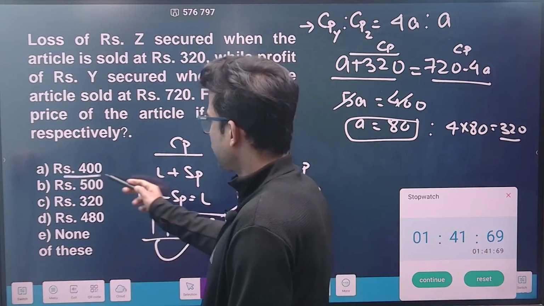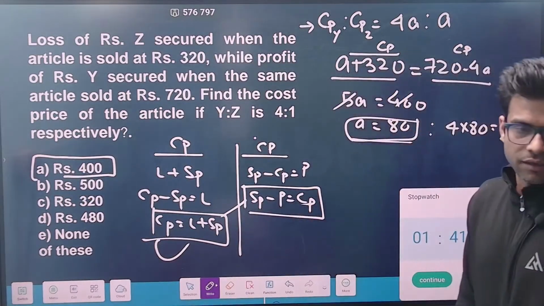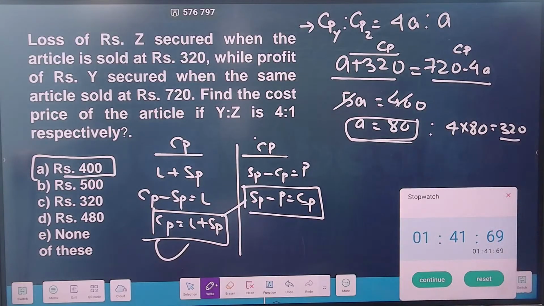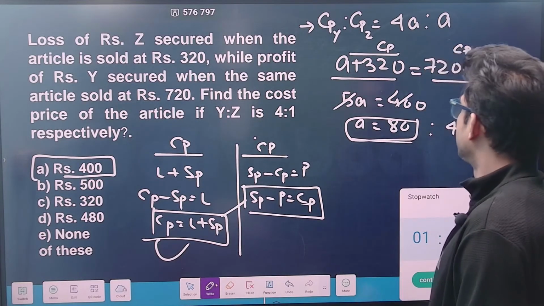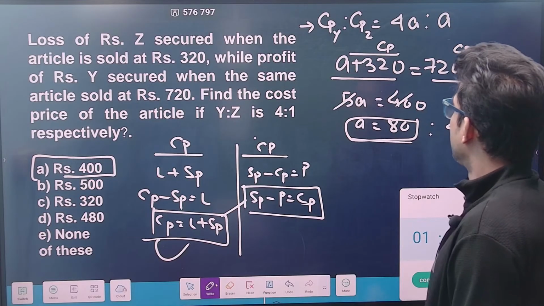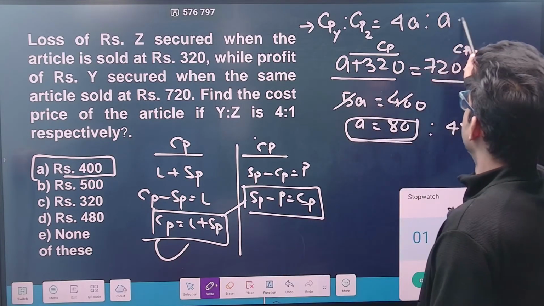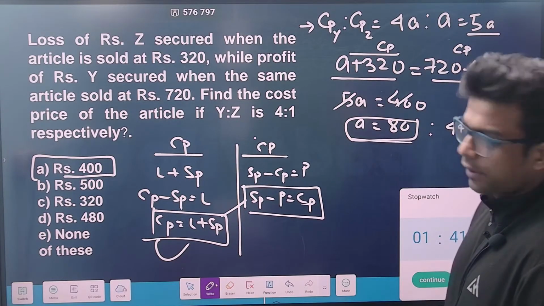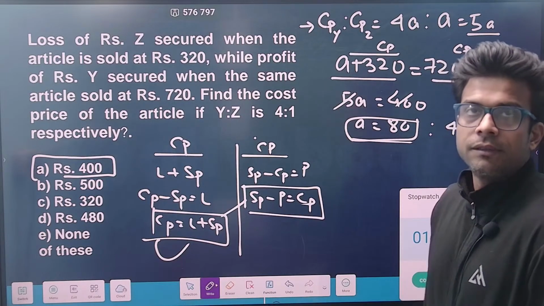A is basically the cost of the article, and 4A is the cost of the other article. So the total cost of the article would be 5A, and 5A value would be 400, isn't it? I hope this makes sense.